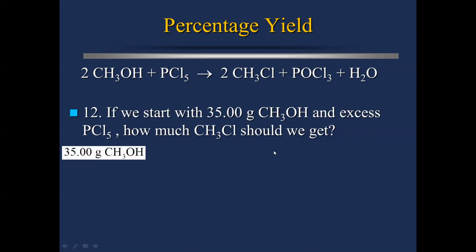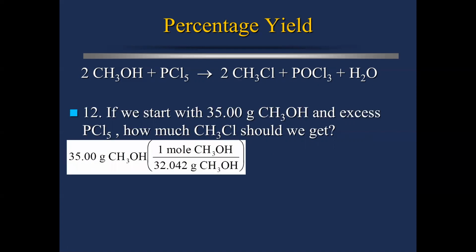Now we start from 35 grams of methanol, and first I want to calculate how many moles that is. This is divided by the molar mass, or you can use the factor label method. 1 mole of CH3OH equals this many grams. Where does this come from?